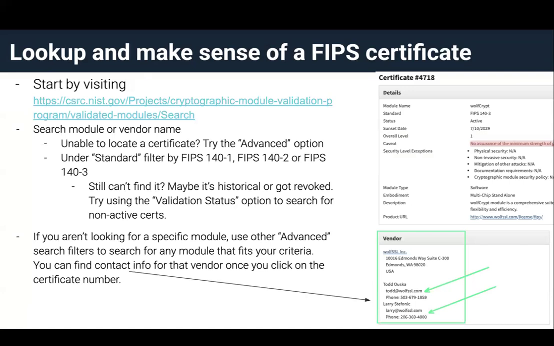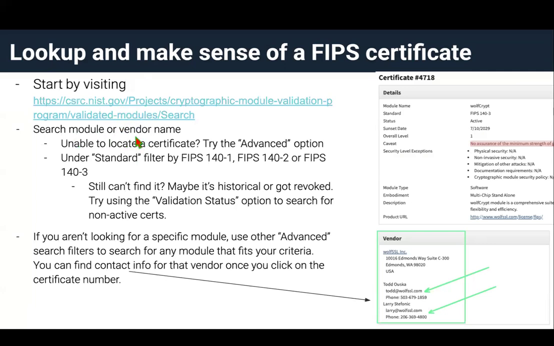All right, so to make sense of a FIPS certificate, I have a link in here. We won't click on it today. I did take some screenshots to include in the slide, but you can go look at this on your own time if you want. So when you pull up a certificate, you can start off by just searching all the validated modules.